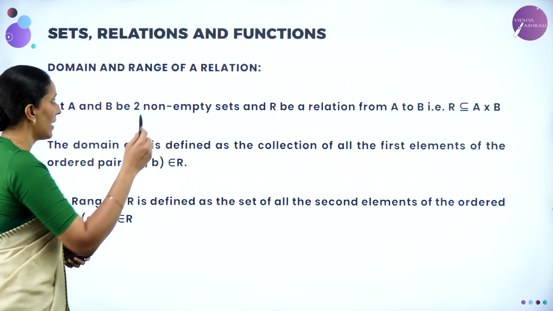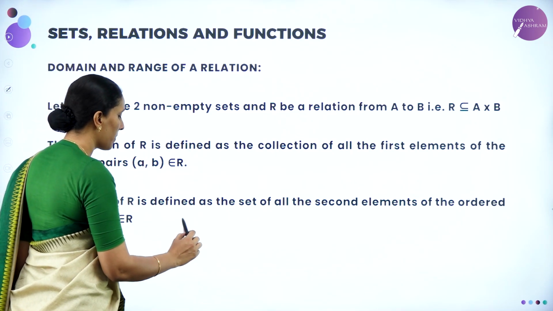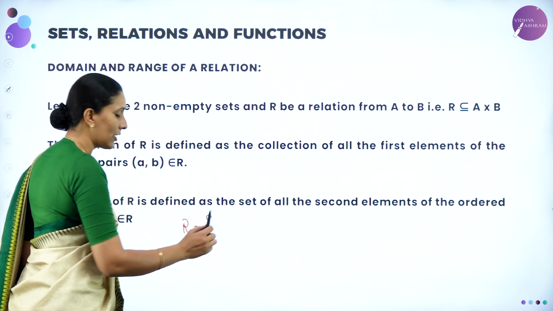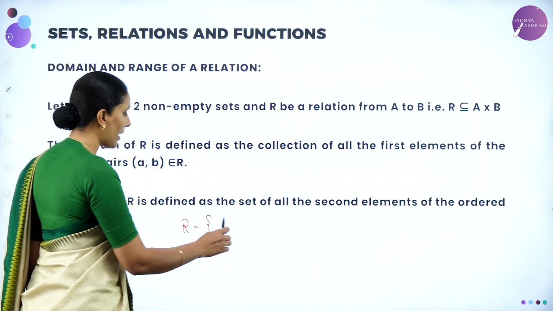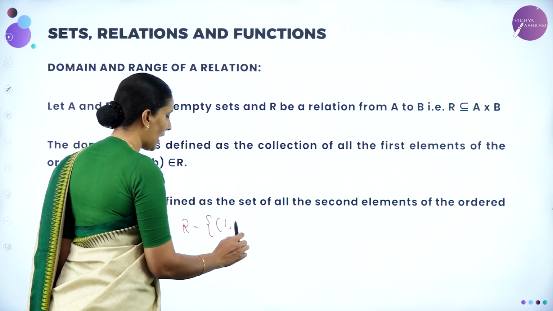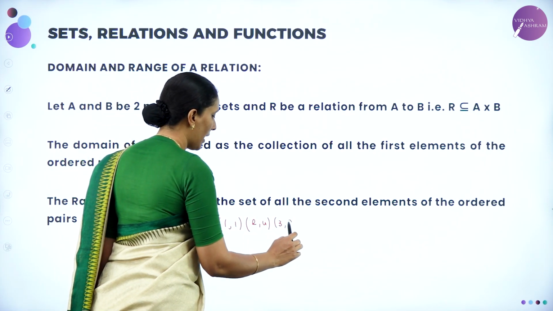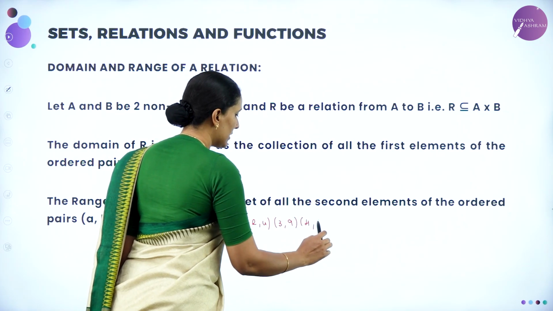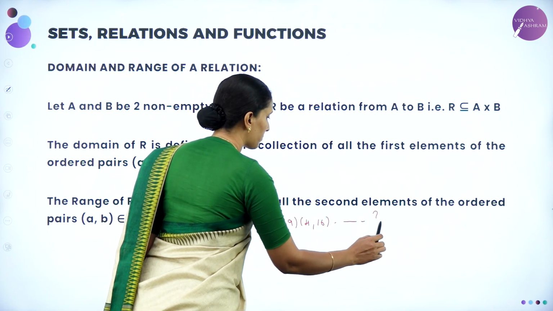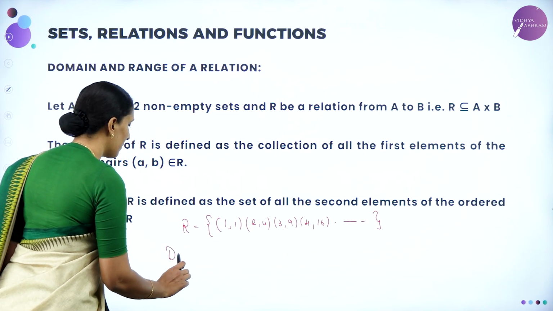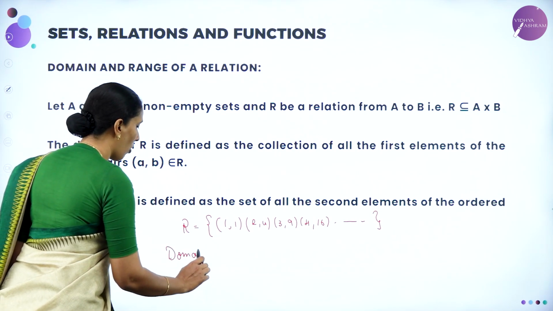Now, for instance, I have taken an example of y is equal to x square in the set of natural numbers. If I write the relation set, then it will be like (1, 1), (2, 4), (3, 9), (4, 16), etc. Now the domain is nothing but all the first elements in the ordered pairs.